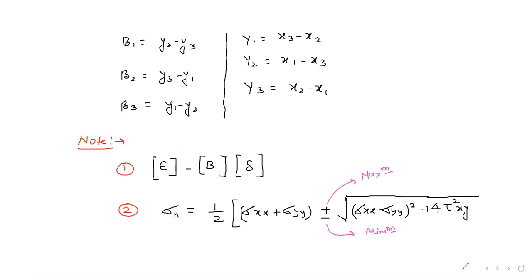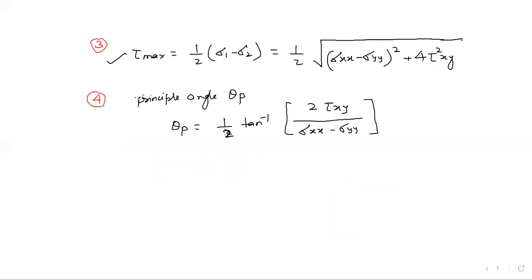Mostly they will ask you to calculate the stiffness matrix, but apart from that, if they have given some data, then additionally they can ask you to calculate strain, maximum normal stress or minimum normal stress, then maximum shear stress, and then the principal angle, that is theta p.